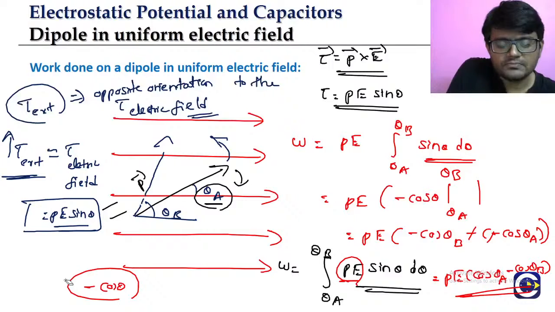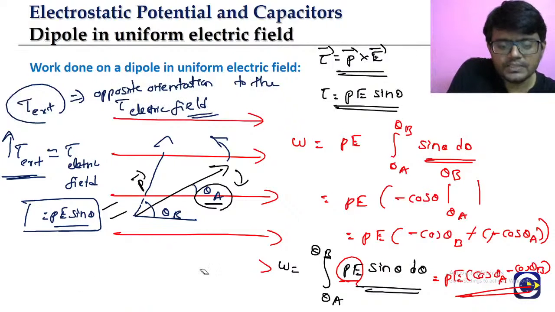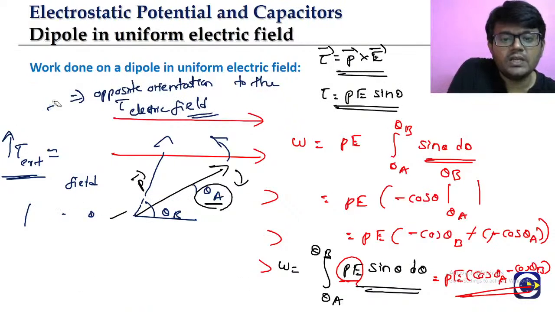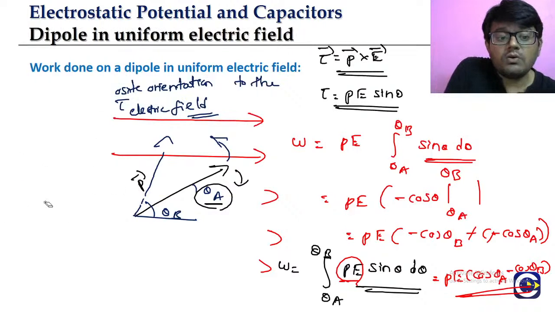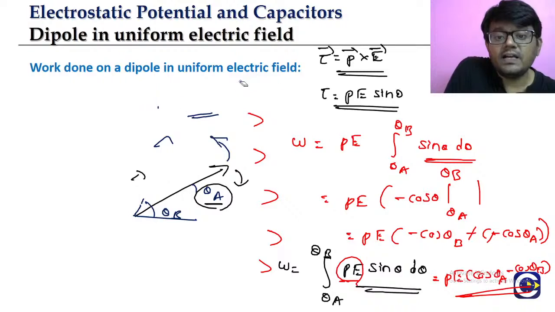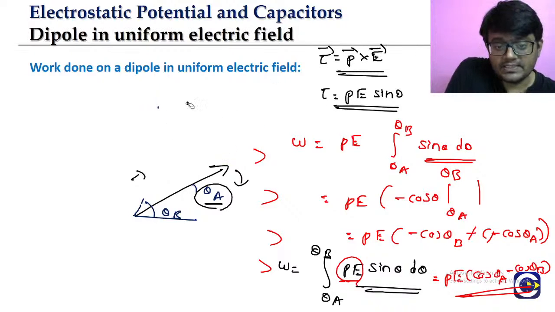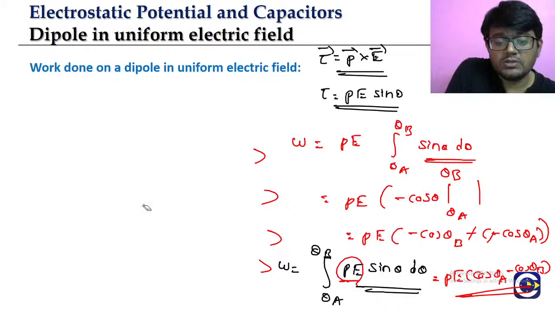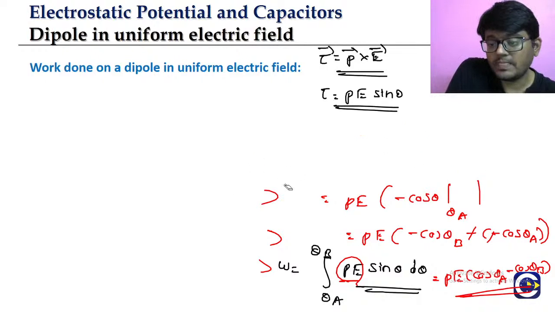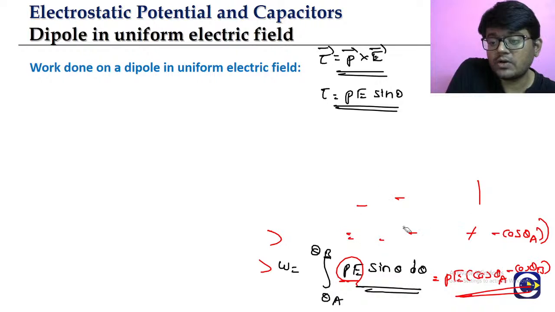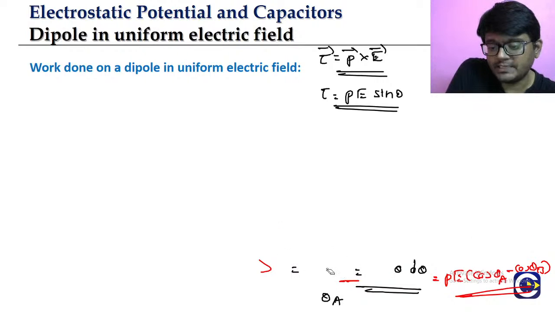This is the work done in rotating a dipole without gaining kinetic energy. If we rotate the dipole, it is not gaining any kinetic energy. So the work we do in rotating the dipole is p E into cos theta a minus cos theta b.